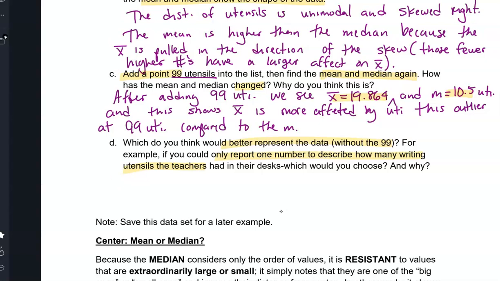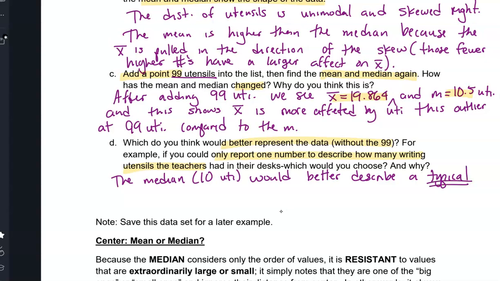Okay, so the median, 10 utensils, would better describe a typical number of writing utensils, we're not trying to focus on those few unusual points. Again, I'm just going to abbreviate that.